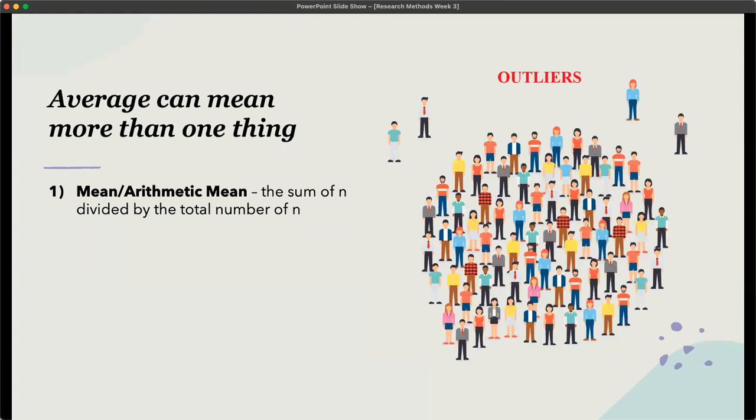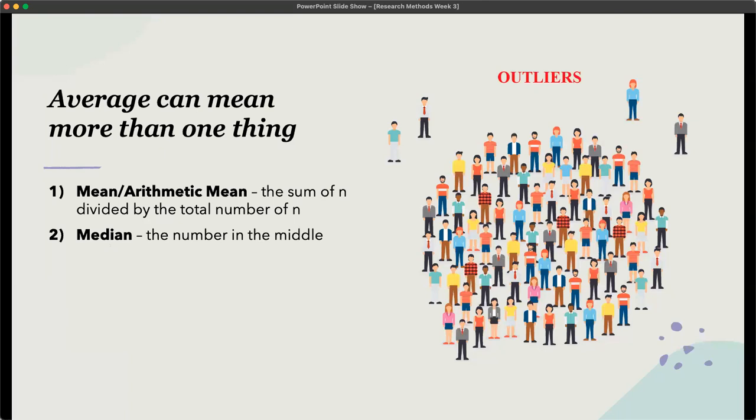This is the sum of n divided by the total number of n. So if I had 25 students in my class and I wanted to know what the arithmetic mean was for the class, I would take all of the scores from each of the students, add them together, and then divide it by 25. Often when people refer to the word average, they mean arithmetic mean.